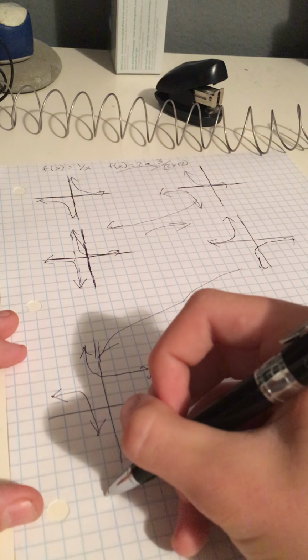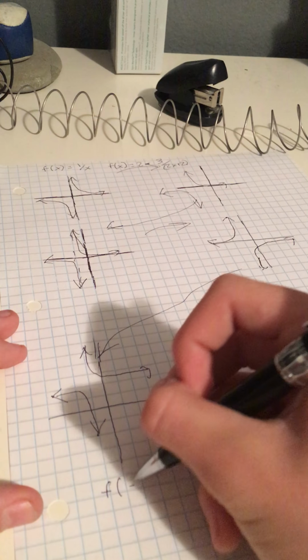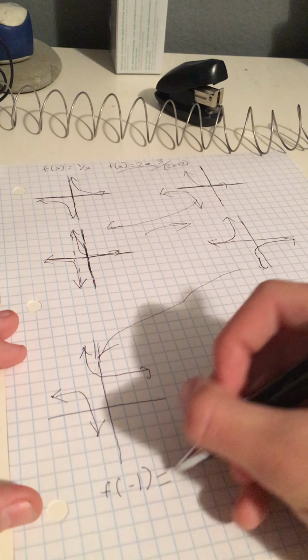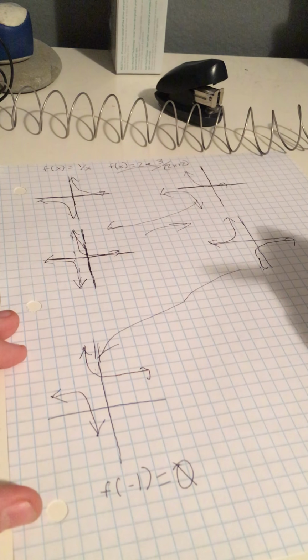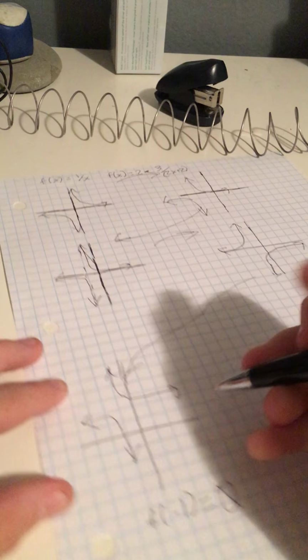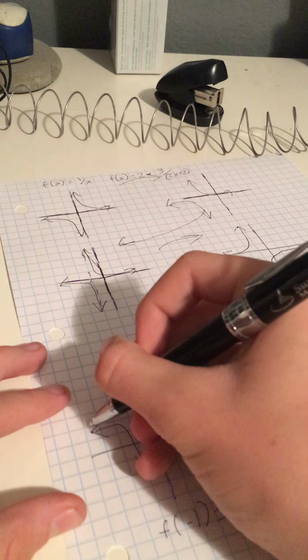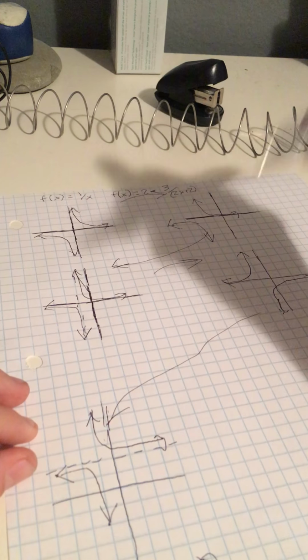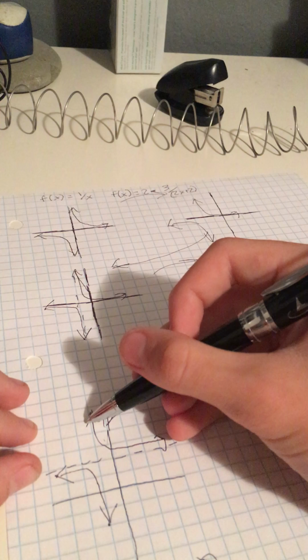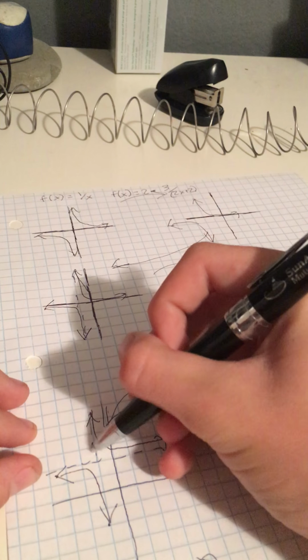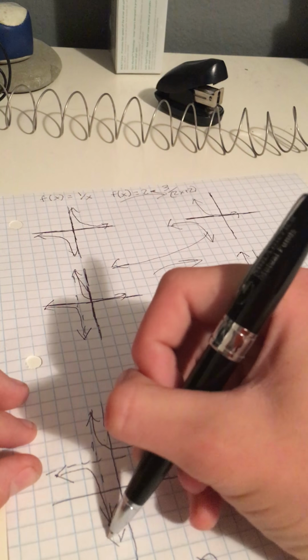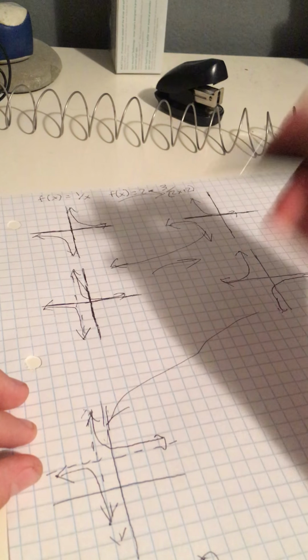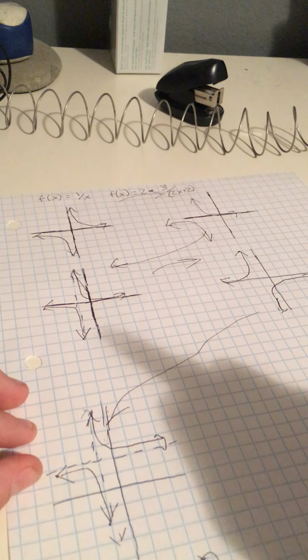And if you plug in f of -1, then you get an undefined value because you divide by 0, so you can't do that. And the asymptotes of this graph are found at 2, and that comes from the adding 2 here, and at 1. And the 2 would be a horizontal asymptote, and the 1 would be a vertical asymptote.